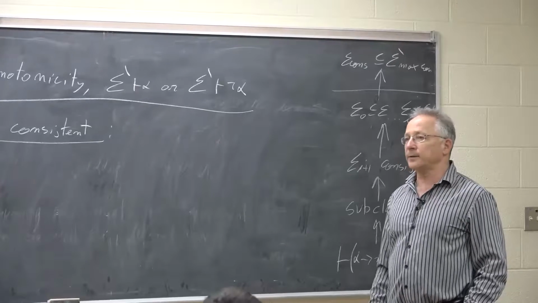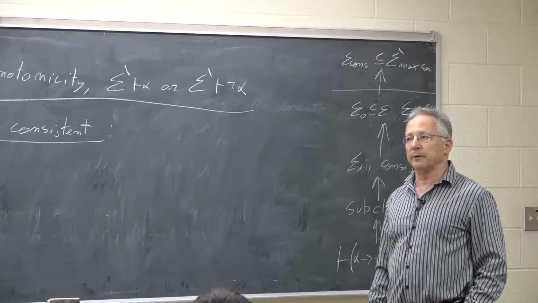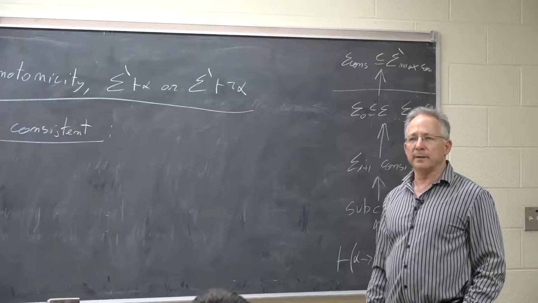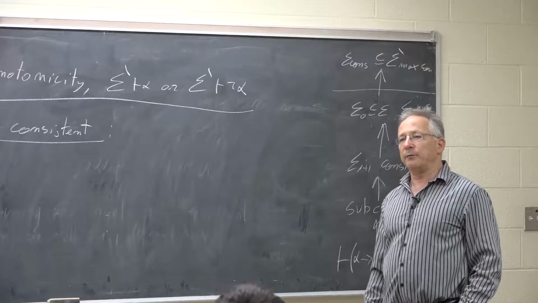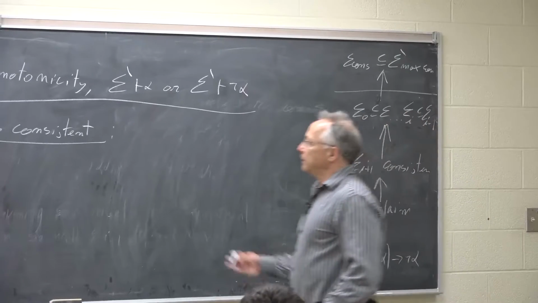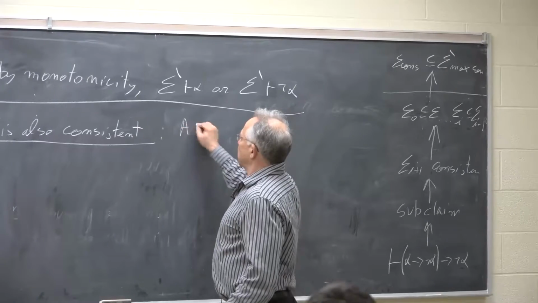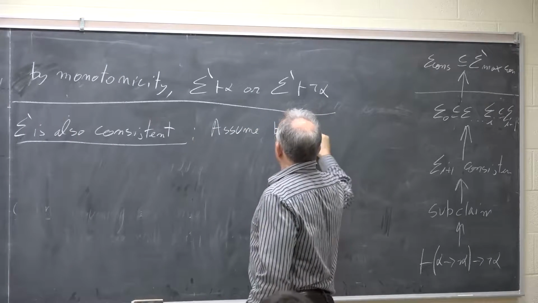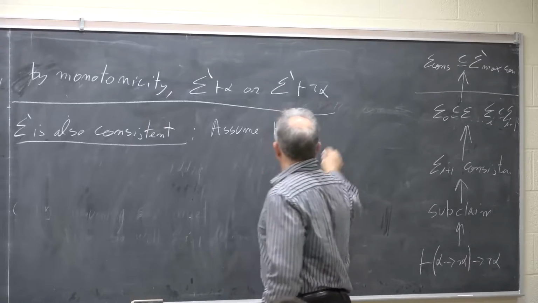And this relies on an interesting property of our proof system. Our proof system is such that every proof is finite. So assume by way of contradiction, it is not.